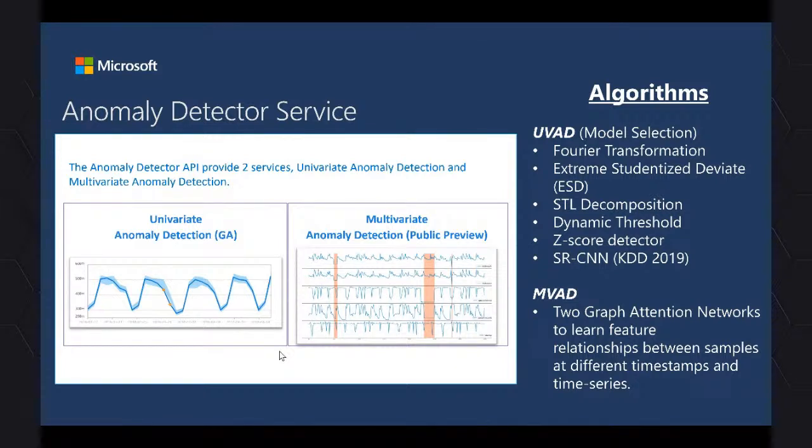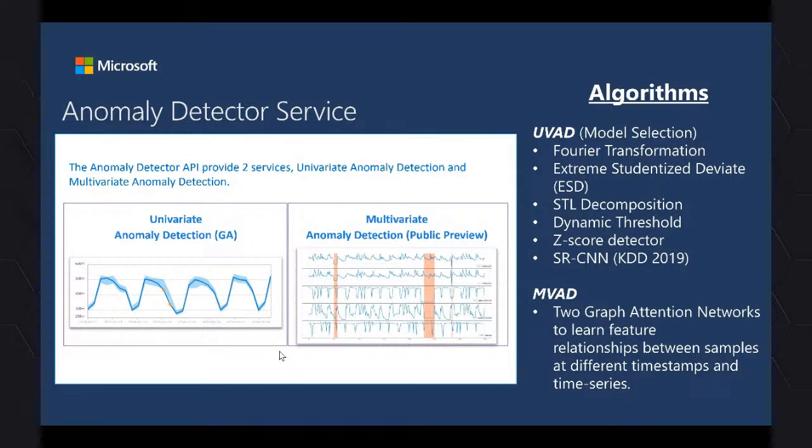So the difference is that when you are doing anomaly detection on just one really critical variable, you can just choose univariate anomaly detection. And sometimes if you have an equipment with lots of sensors, and you want to see whether there are some anomalies within the sensors and also whether there are some anomalies in your equipment, that's the time you can use multivariate anomaly detection, because within this equipment, the sensors will have some correlations with each other.